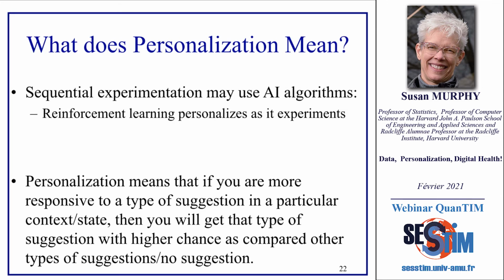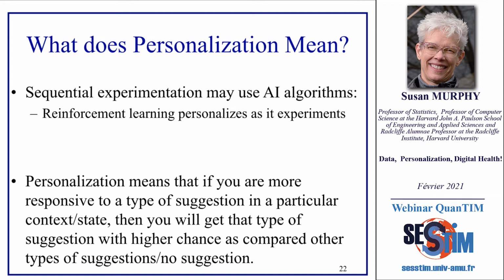So reinforcement learning, the idea here is that if the individual appears to be more responsive in a certain setting, then the probability with which that individual would receive an activity suggestion should increase.